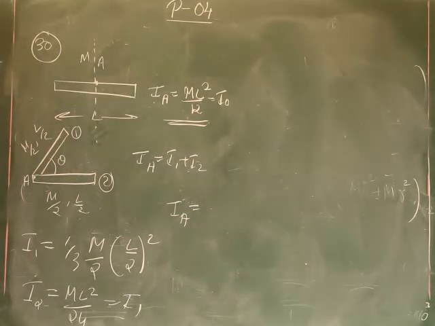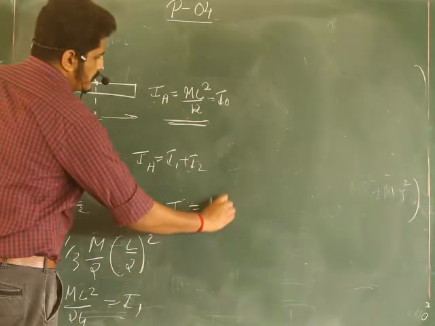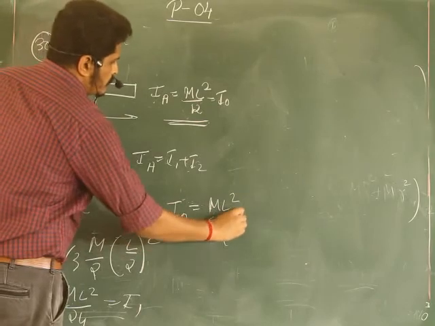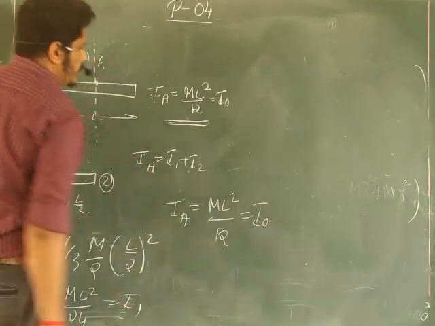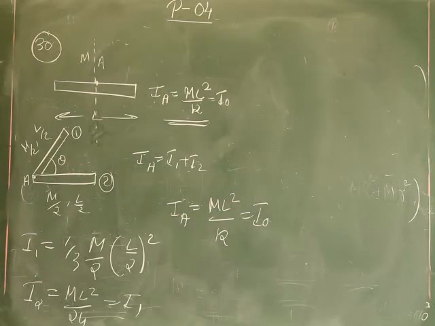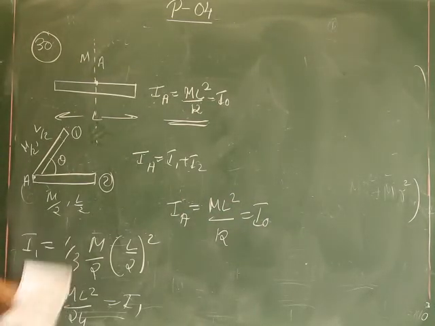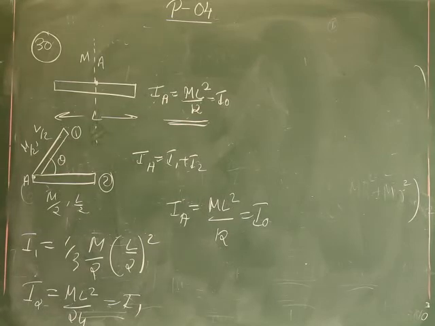I think you understood that. So when you add up, ultimately what you get is ml square by 12, equal to I0. I1, I2 you add. I1 also ml square by 24, this one also ml square by 24.